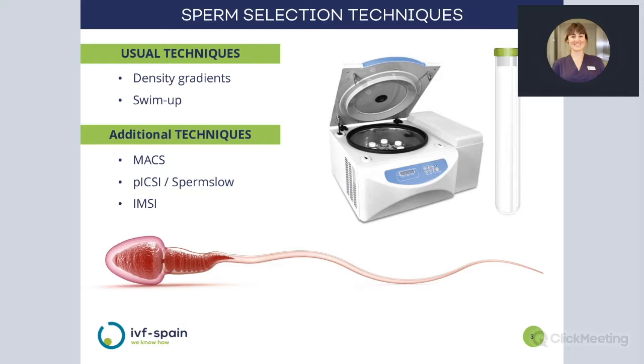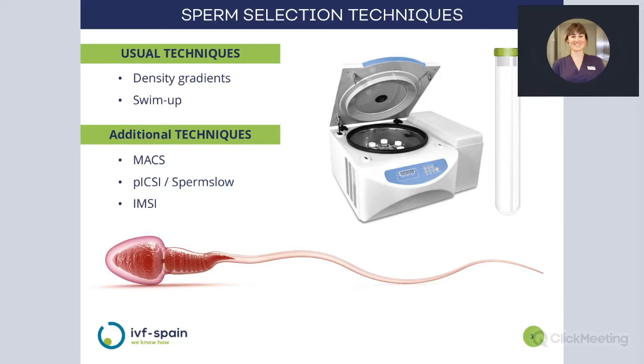When we retrieve the eggs, the first thing we do is remove the cells that surround the eggs to see if they are mature and viable to be fertilized. But eggs are always limited in number. So basically, no such thing as a technique to select the eggs exists, because all the viable eggs, if they are mature, will be fertilized.